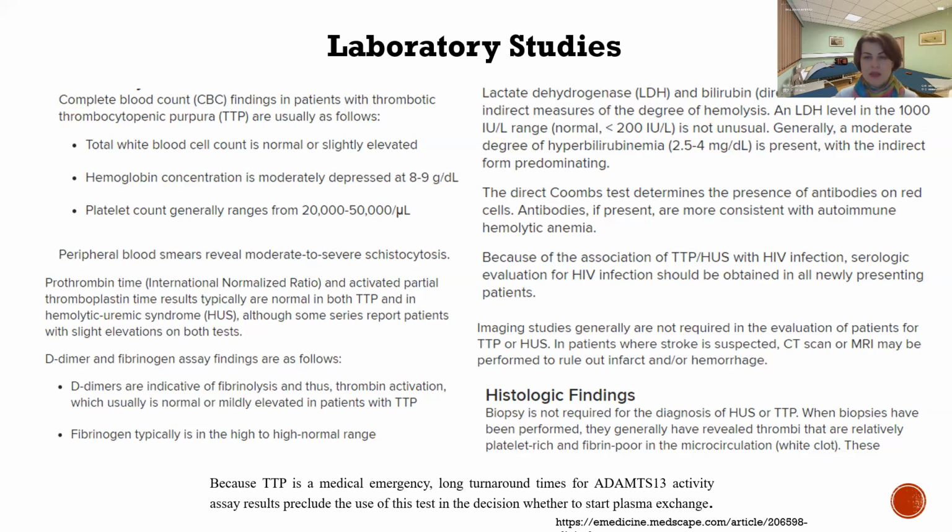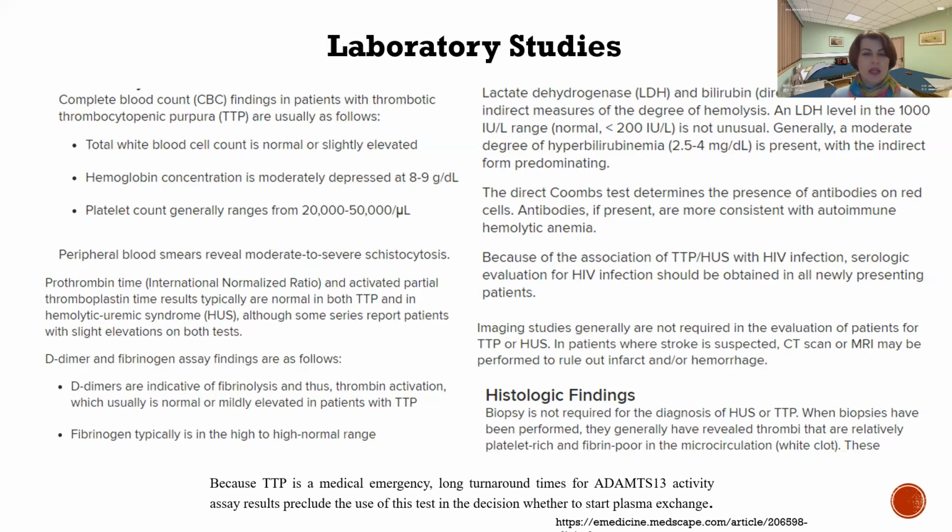The direct Coombs test determines the presence of autoantibodies on the red cells, and antibodies, if present, are more consistent with autoimmune hemolytic anemia. Because of the association of thrombocytopenic purpura with HIV infection, serological evaluation for HIV infection should be obtained in all newly presenting patients.